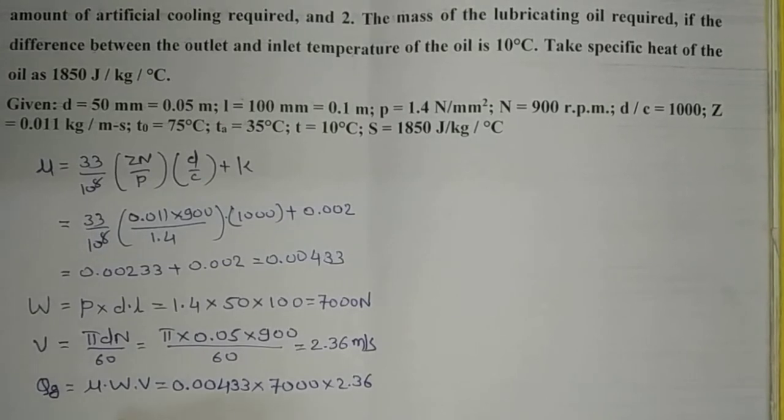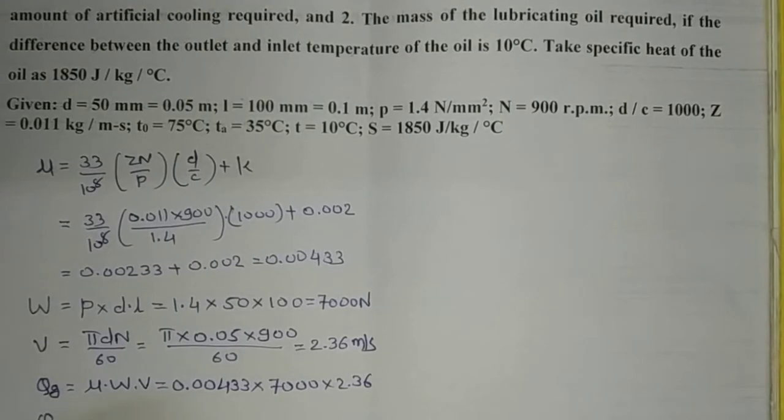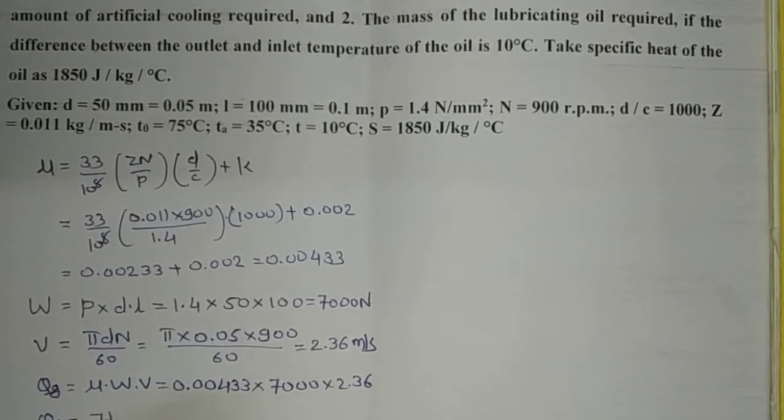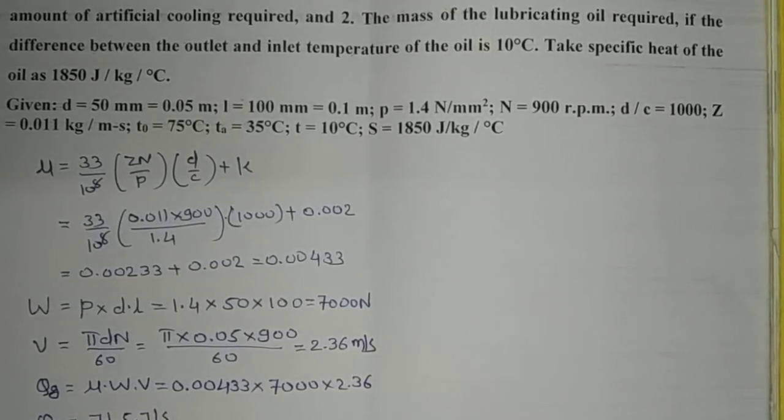Therefore you can find that heat generated Qg is equal to 71.5 joule per second. This is the heat generated.